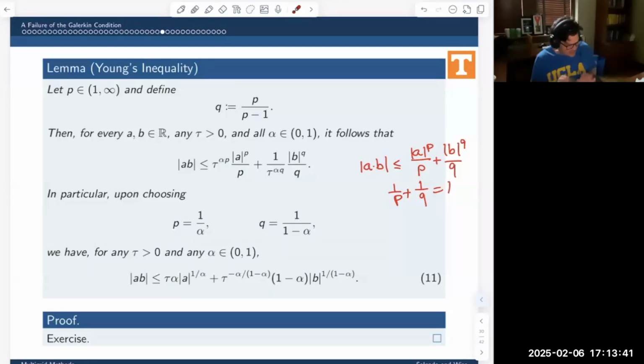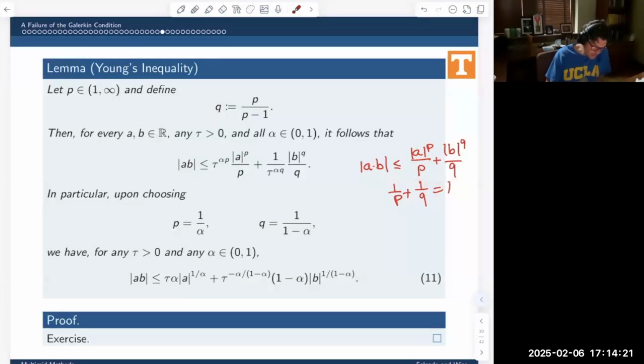And of course, yes, it does hold if I put P equals 1 here, but then you have to do something slightly different. That's a barrier case, and we want to consider the case where P and Q are between 1 and infinity. So if I know P is between 1 and infinity, then its conjugate Q has to also be between 1 and infinity. All right, so that's the standard Young inequality.